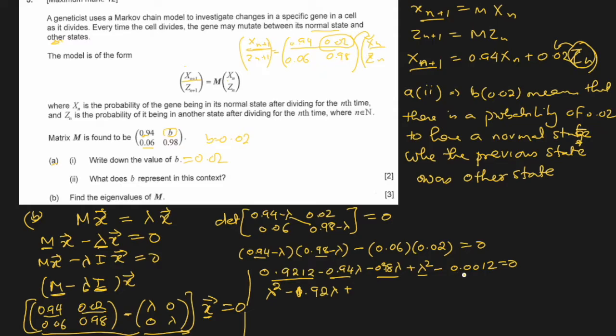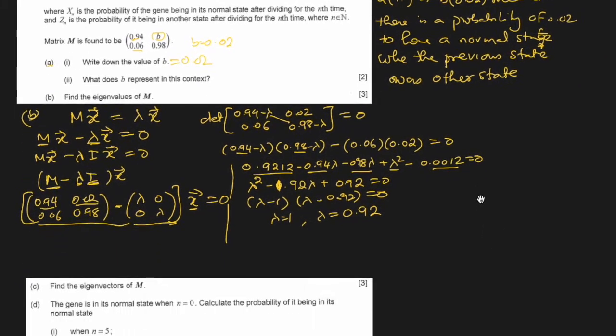Okay, this is positive, this is negative, so we'll get 0.92 only here. Oh, that becomes easy. So now you can use your calculator. I'm straight away factoring this. This will be lambda minus 1 and lambda minus 0.92. So we get lambda equal to 1 and lambda equal to 0.92.